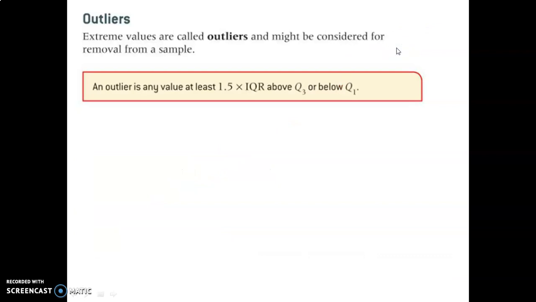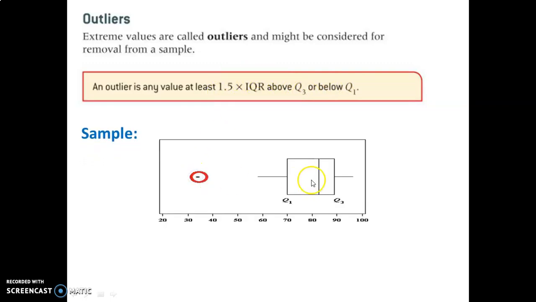Okay, to find outliers, we use this formula. We find the IQR, we multiply by 1.5, and then we go above and below Q1 and Q3 using that value we find. Let's look at an example. So here we have a box plot, and here's a potential outlier. Here's what we do. We find the interquartile range, so between Q3 and Q1.